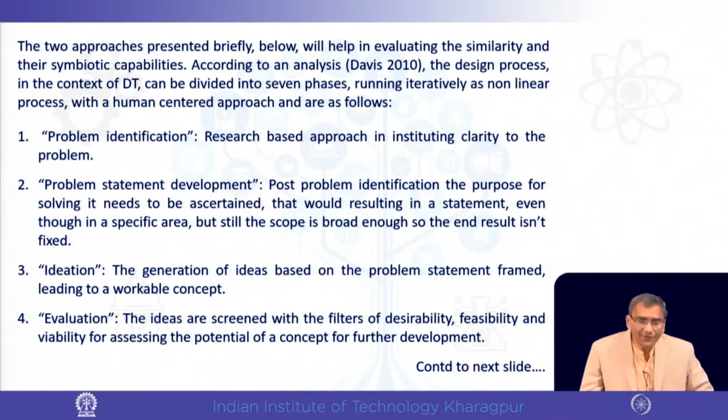The first is problem identification, a research based approach in instituting clarity to the problem. That means to find out what exactly is the problem: research into the customer, research into the need, research into the requirement, research into the pains and potential gains.